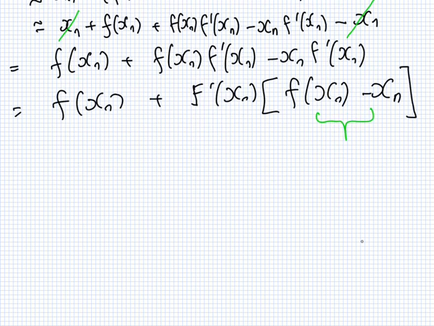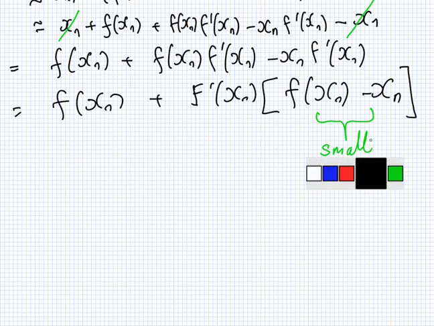In fact, it's 0 when we get to the answer, and it's nearly 0 when we're near the answer. So this piece here is actually very small. And just like earlier, I'll throw away that piece because it's small. It won't affect my formula too much. So now I end up with this.